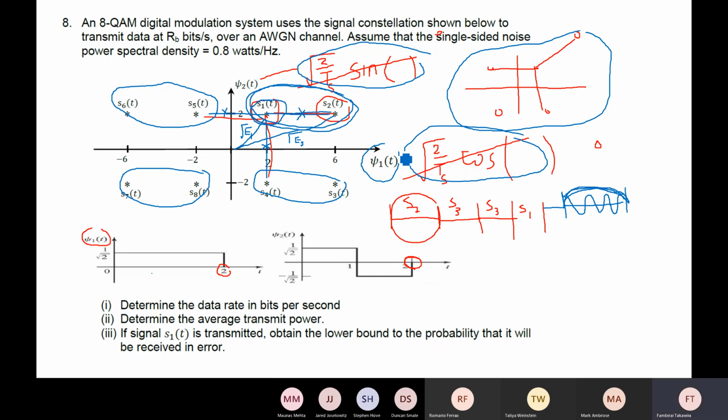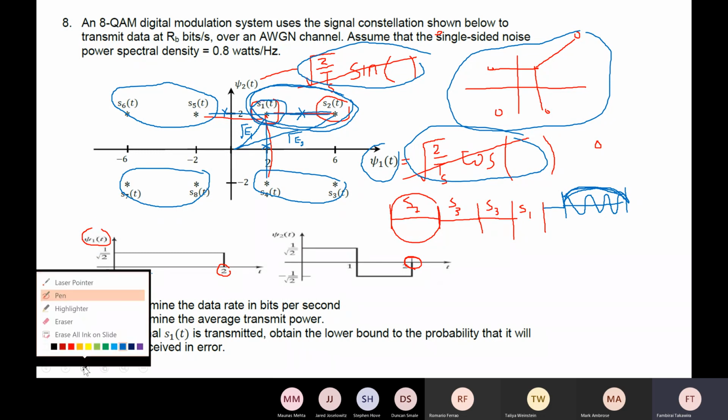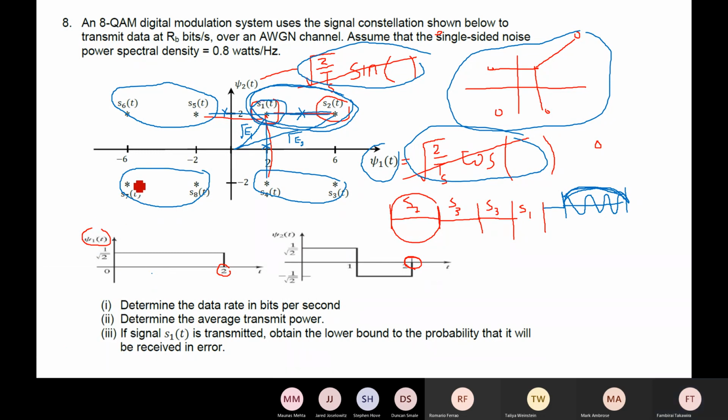Okay, right. So when we say QAM, what we're essentially saying is that when you look at your signal constellation with respect to the basis functions, you have signal points that are amplitude variations of each of the basis functions, and there is also a phase term. So let's take these four signals.